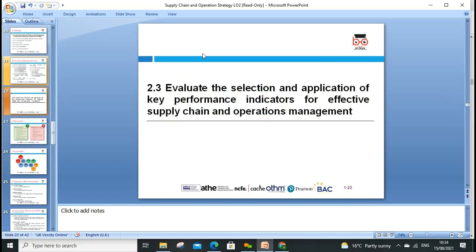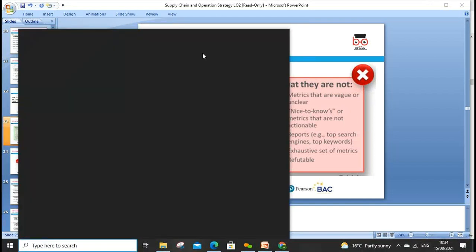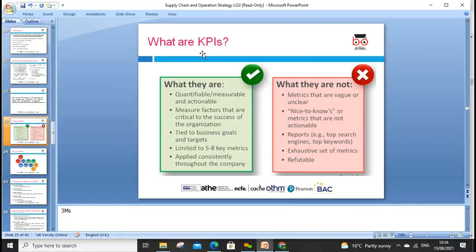Then 2.3, evaluation, selection and application of key performance indicators, effective supply chain management. Any business we start, we need 3 M's. Do you know what 3 M's stand for? We need money and we need material.